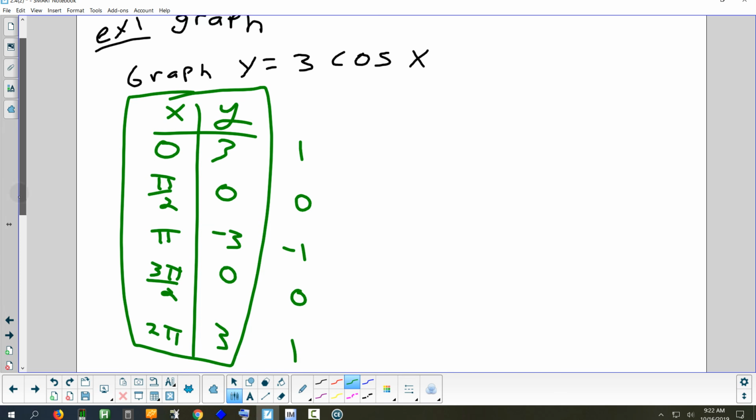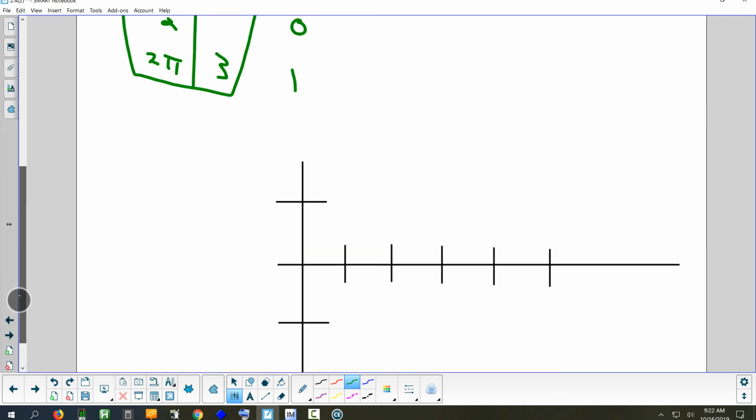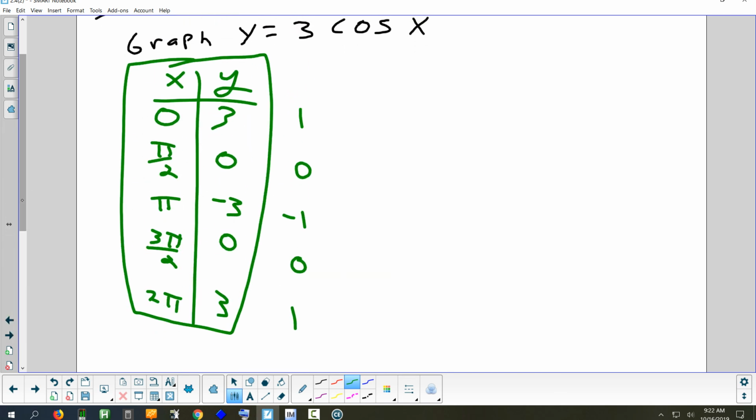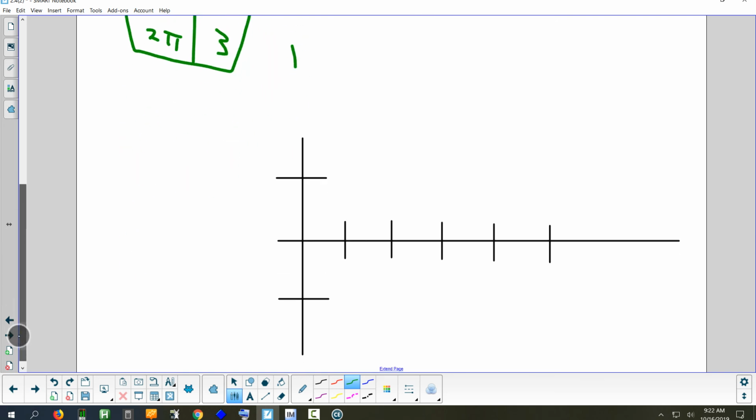Okay, so now we can make our graph. Now, what's the highest and lowest that I go here? 3, right. So there's a few different ways you can do it. I'm just going to say on my y-axis, my tick marks go by 3s. That's how I do it. The reason I do it that way, I'll show you in a second.